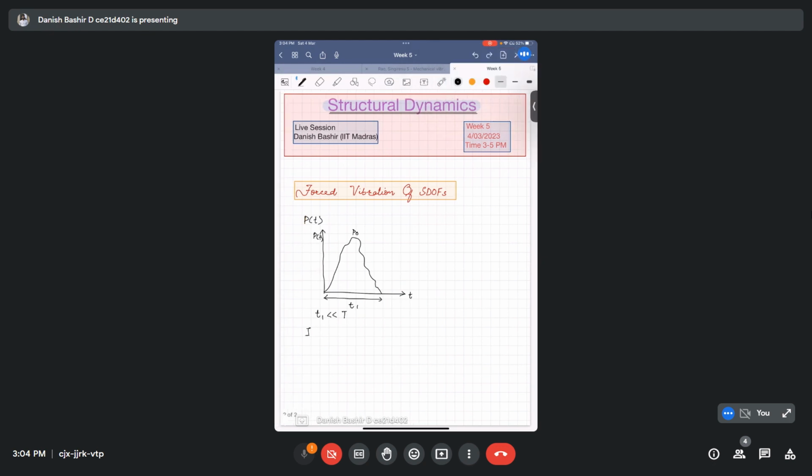So, what will be the response of our system to these types of impulsive forces?